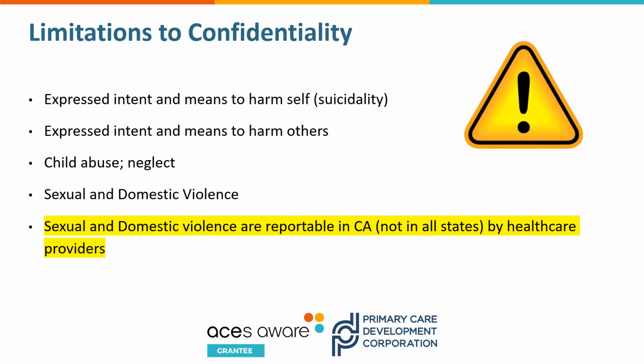And then around sexual and domestic violence that may either be disclosed by a child or a teen, or an adult, in some states, these are also mandated reports. We know in California they are, and so it's good to be aware of that. And again, anticipate how those conversations will happen with your patients, and how you can do it so that it's not triggering, but really emphasizes it's for the safety and well-being of your patient. Next slide, please.